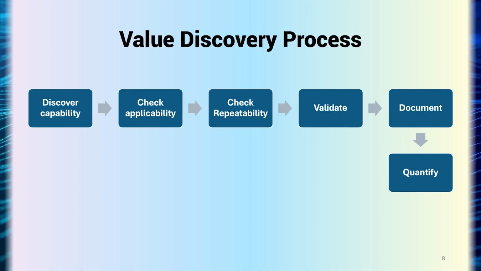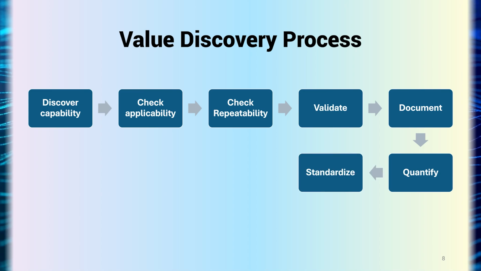Document the whole process, saying this is the use case, this is how you use GenAI, and these are the intended results. And then you quantify the benefits. We'll see how to do that in detail a little later. Once all this is done, we standardize so that anyone who has a similar use case should be able to follow it fairly easily.